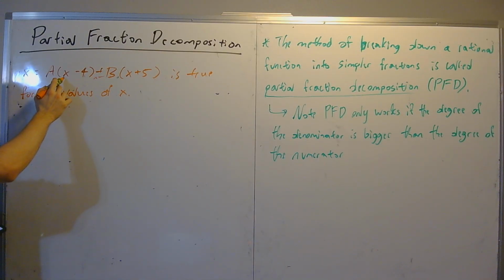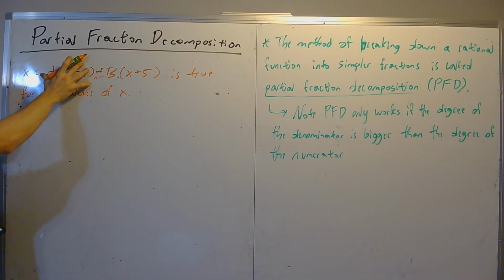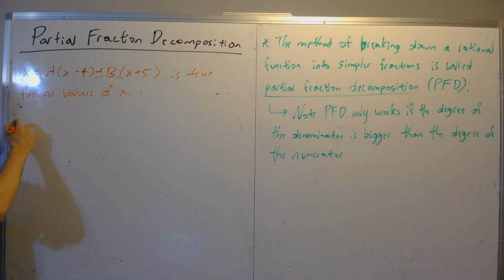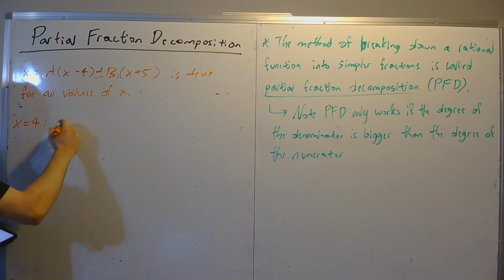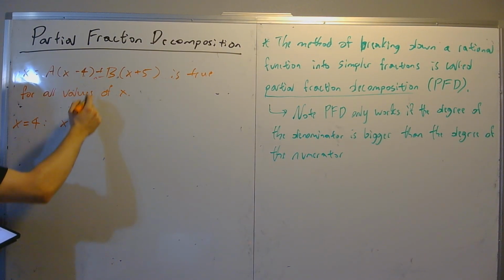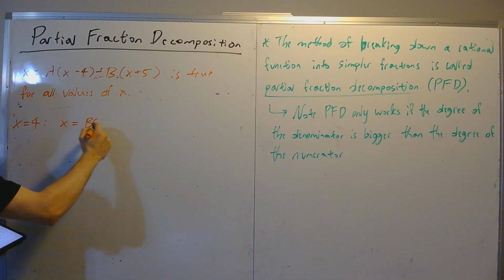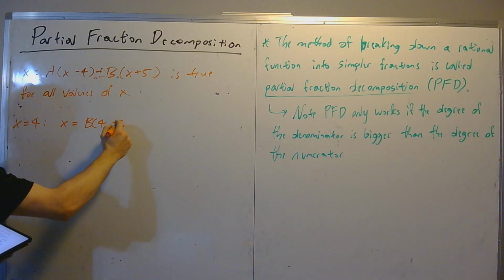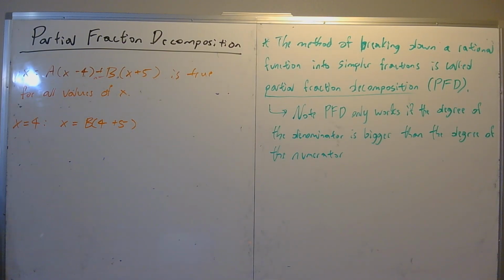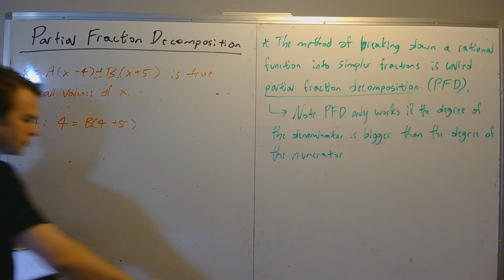Well, notice if you set x equal to 4, this part goes away, so that's probably helpful. So if you set x equals 4, then this part goes away, so it's b times 4 plus 5. Let me just write the whole thing out.